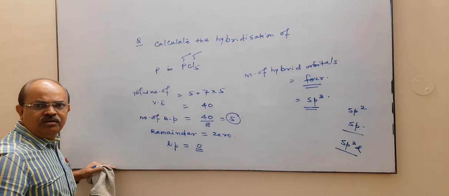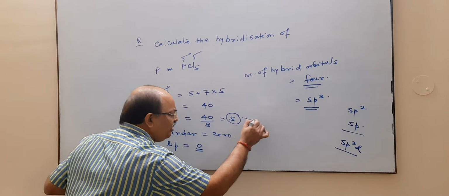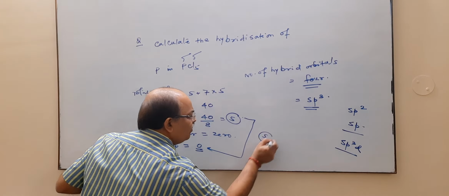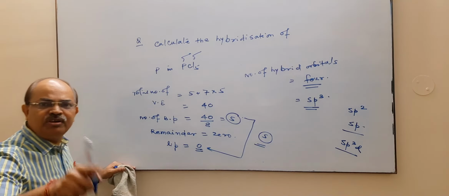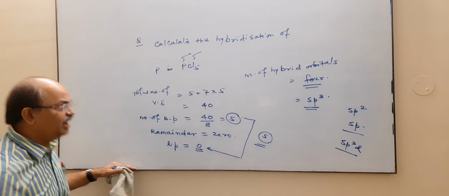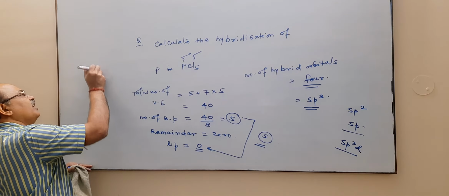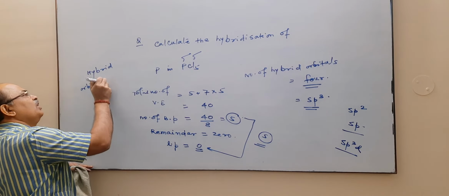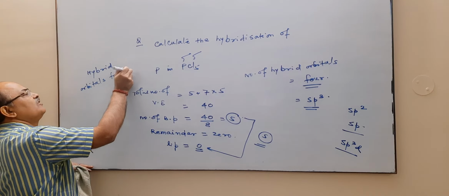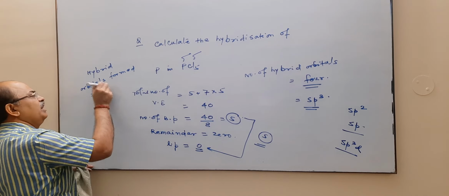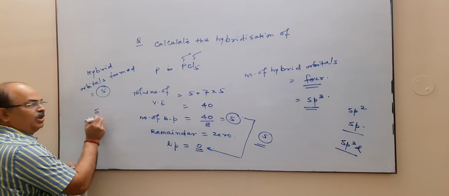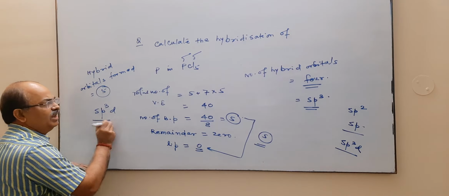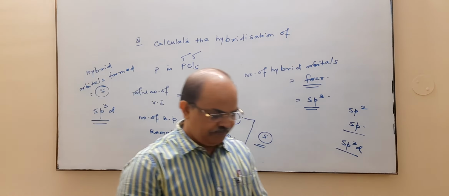Now what is sum of bond pair and lone pair? 5 plus 0 means it is 5. इसका मतलब कितने हाइब्रिड ऑर्बिटल्स फॉर्म हुए? It means you can write hybrid orbitals form is your 5. So the hybridization is s, then we have p3, then we have d.